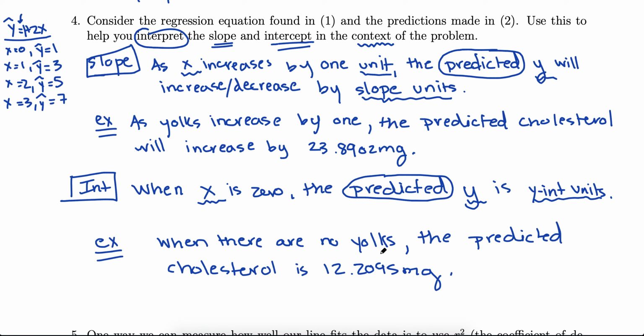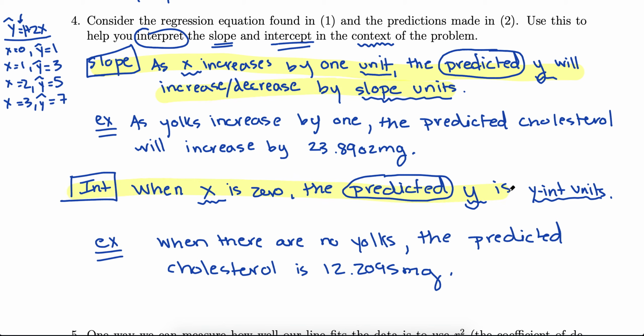So when we have no egg yolks, our predicted cholesterol is 12-ish milligrams. Make sure you know these. Again, if you're a highlighter type person, maybe these general interpretations will help you as you're working through your practice problems.